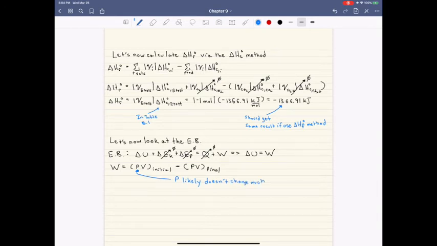All right? So that's one thing we could assume. But as far as the volume is concerned, our molar volume of the system is probably going to be changing a lot. And that's because we're dealing with a reaction here, right?